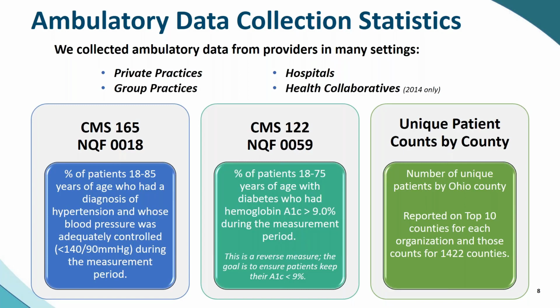And then NQF 0059 or NQF 59 were the percent of patients aged 18 to 75 with diabetes who had a hemoglobin A1C over 9.9% during the measurement period. And that was a reverse measure, so we wanted to keep their A1Cs lower than higher.